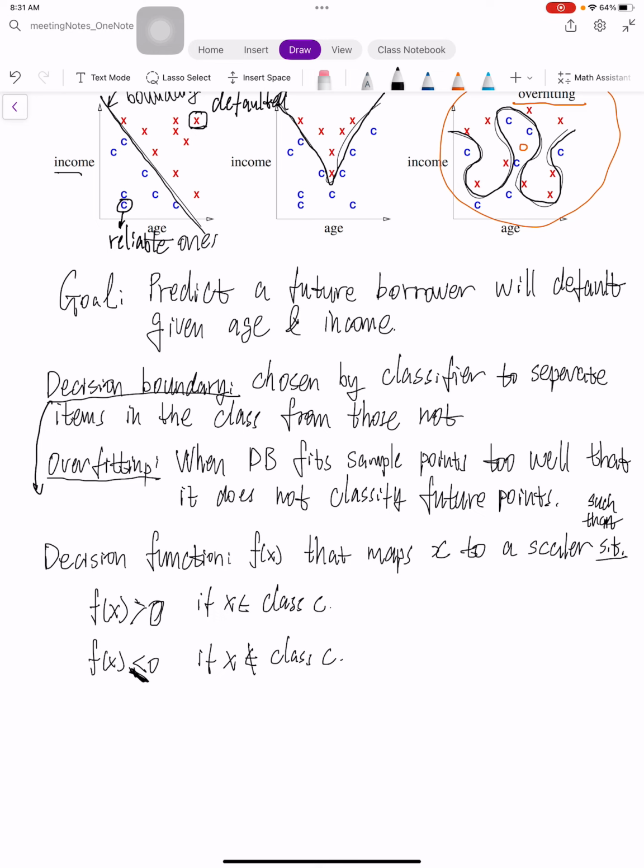Then the decision boundary we can define mathematically. The decision boundary can be defined by the set of points such that this decision function equals 0.